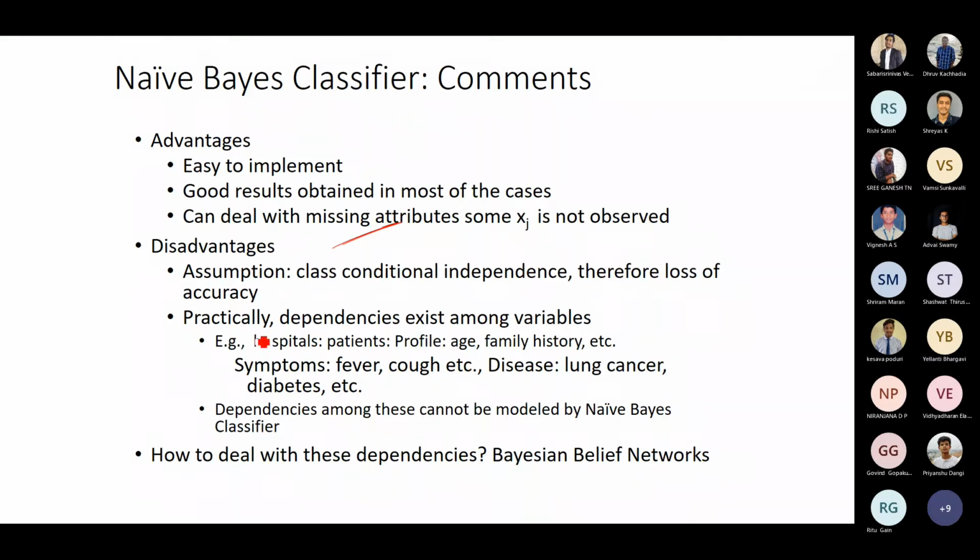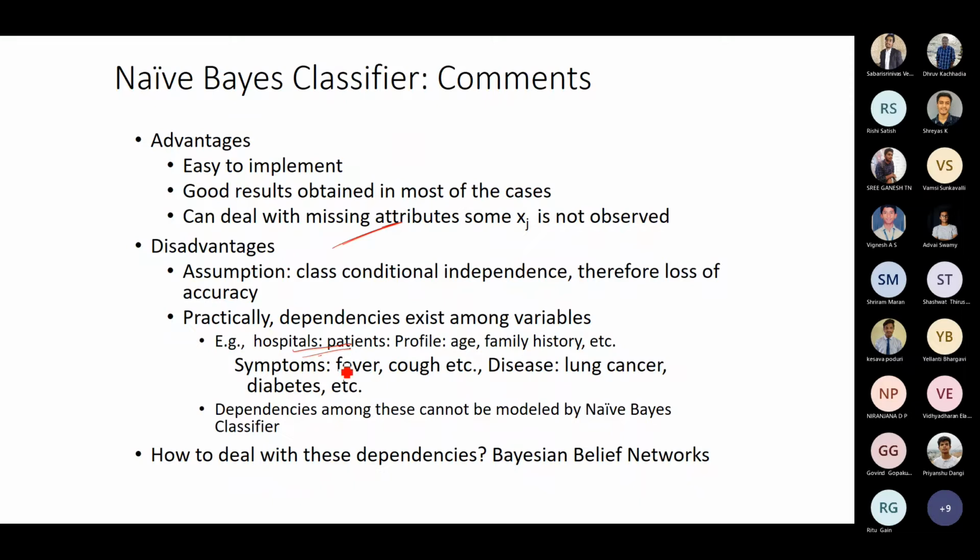Normally what happens is dependencies among variables typically exist, so this is not a valid assumption. So you can have hospitals, patients, profile, age, family history, etc. So this is going to be a relation among the attributes or the variables, which is not considered in your naive Bayes classifier.